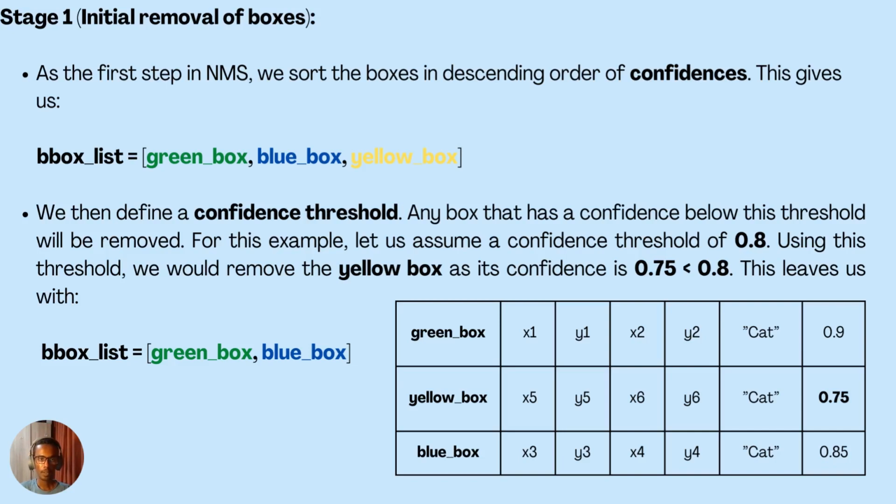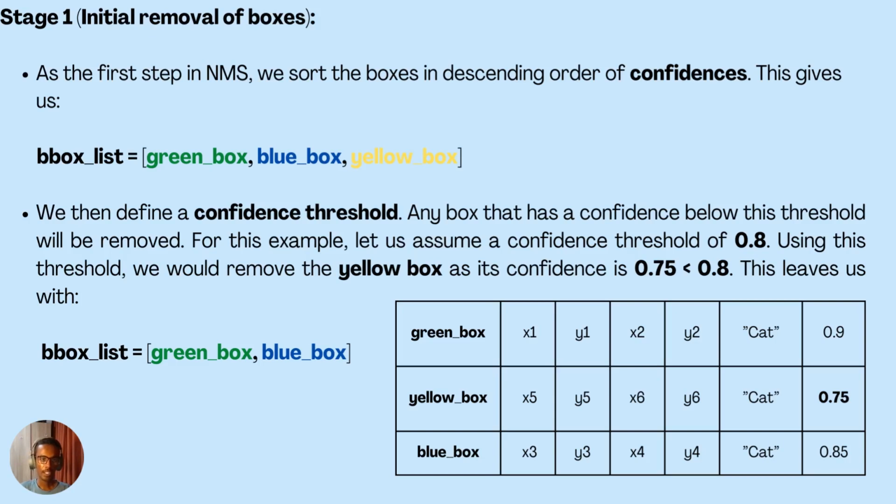As the first step in non-maximum suppression, we sort the boxes in descending order of the confidences. So the green box has the highest confidence with 0.9, the blue box has 0.85, and the yellow box has 0.75.